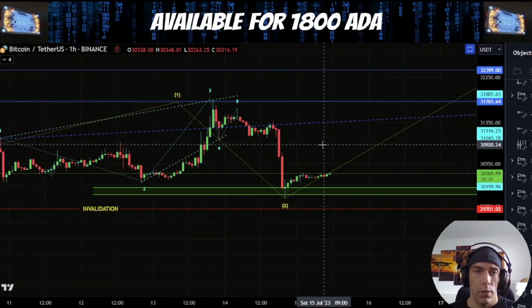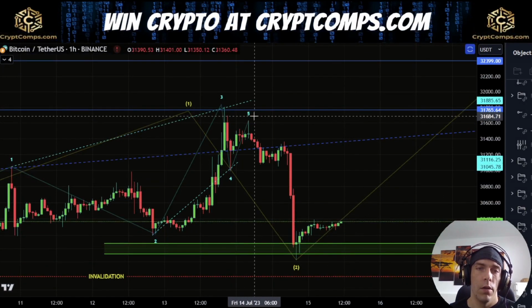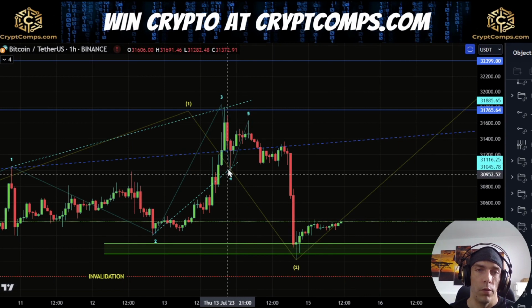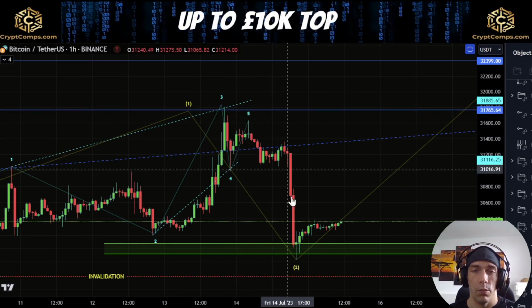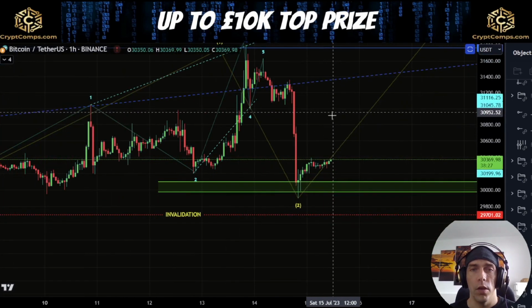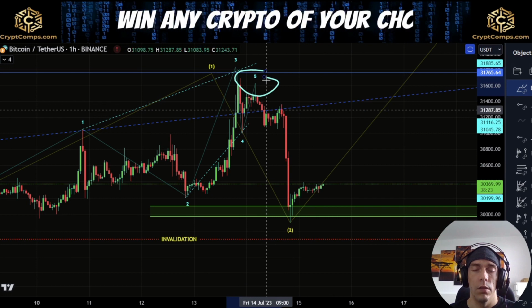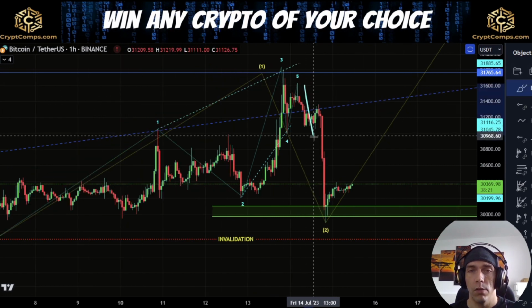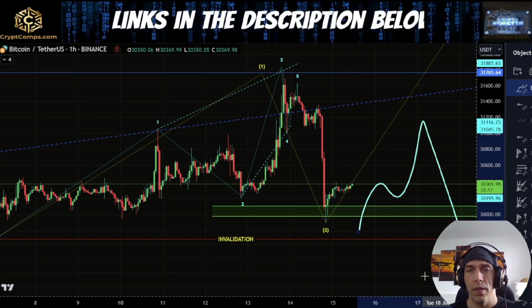Now, we can argue that because this does look like a 3-wave move, we could say that this is a 5th wave here, where this actually becomes A, B, and C to the upside, and then we break down from this point. If this is the case, this could be the end of our C wave, in which case we're looking for this 5-wave move down, 3 waves up, and then that continuation.